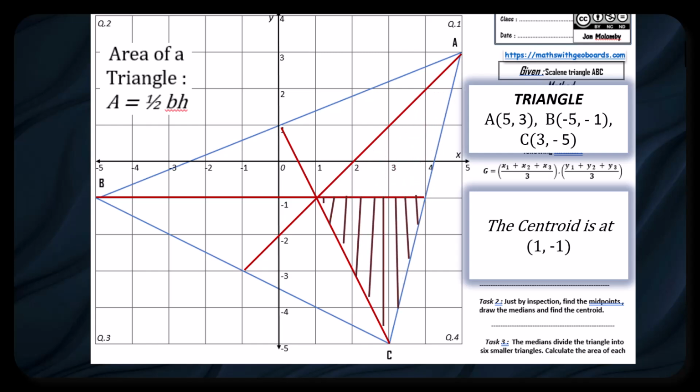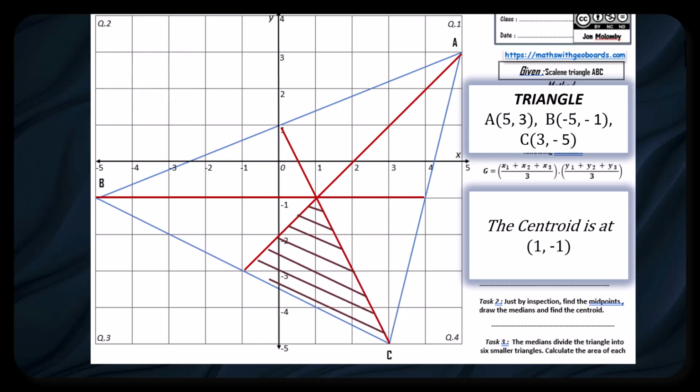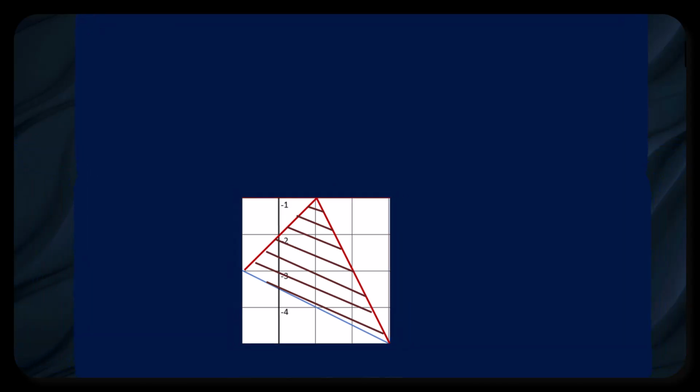The base is 3, the height is 4, the area is 6. Now with this one, I can't find an integer base. So there's a trick you can do on the Cartesian plane, and it's this. Now it's 16 minus 2 minus 4 minus 4, and the answer is 6.